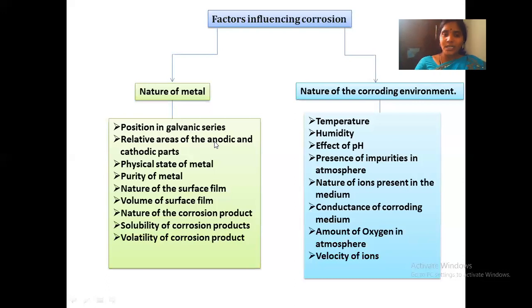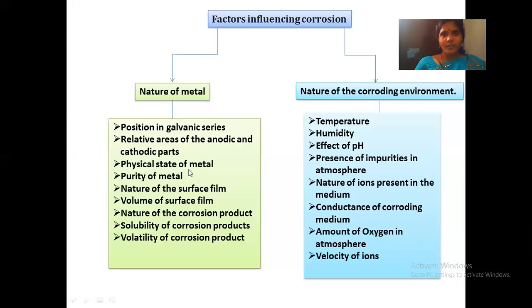We should avoid such conditions so that we can control the corrosion, because here the larger cathode requires more electrons that have to be provided by the small area of anode, so it has to donate more and more electrons, which means it has to undergo more corrosion.